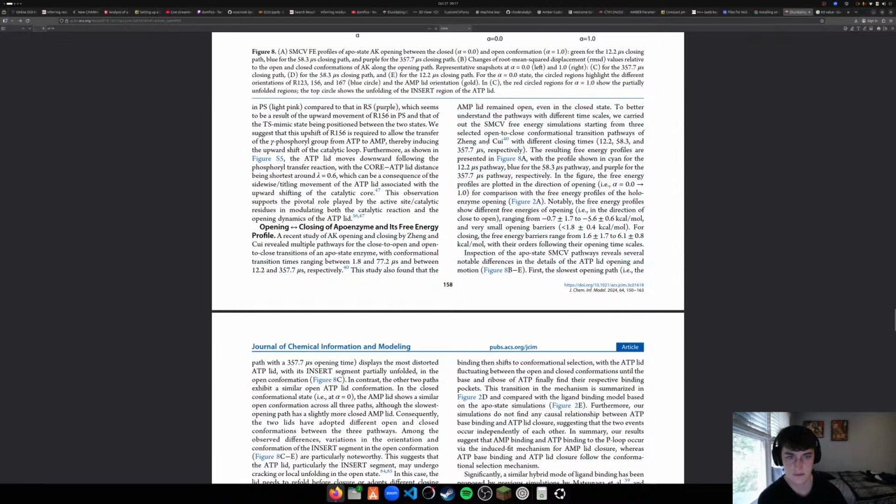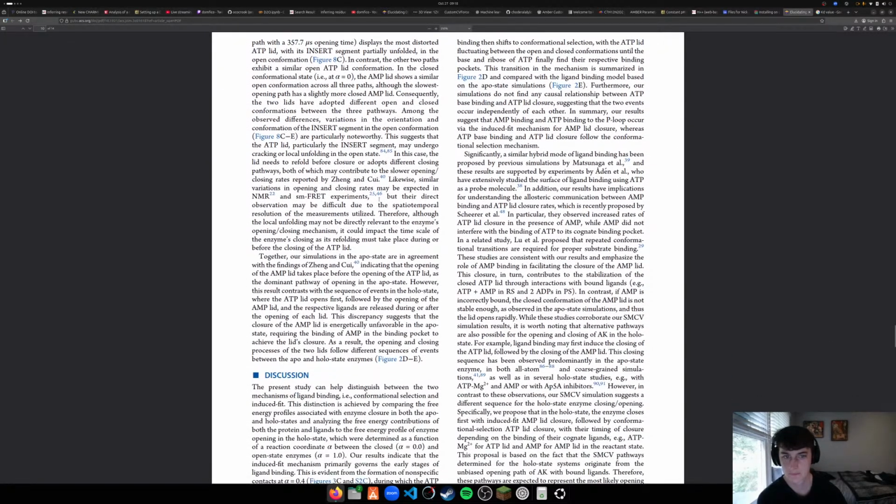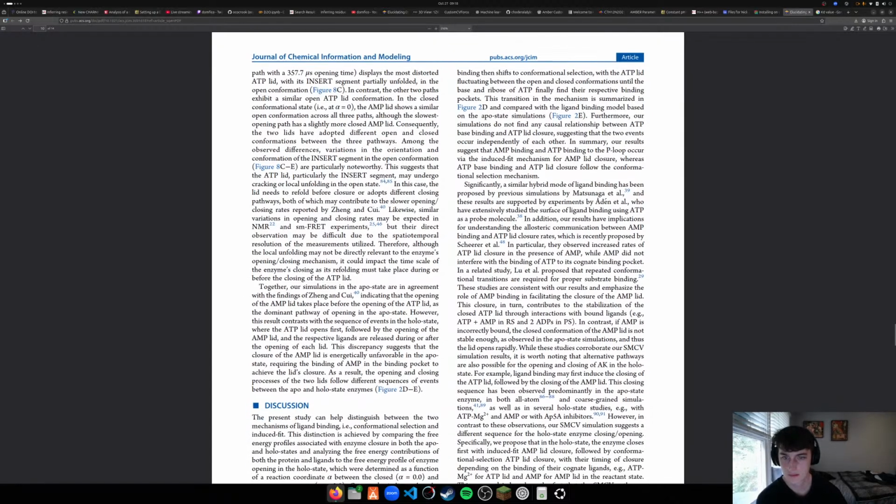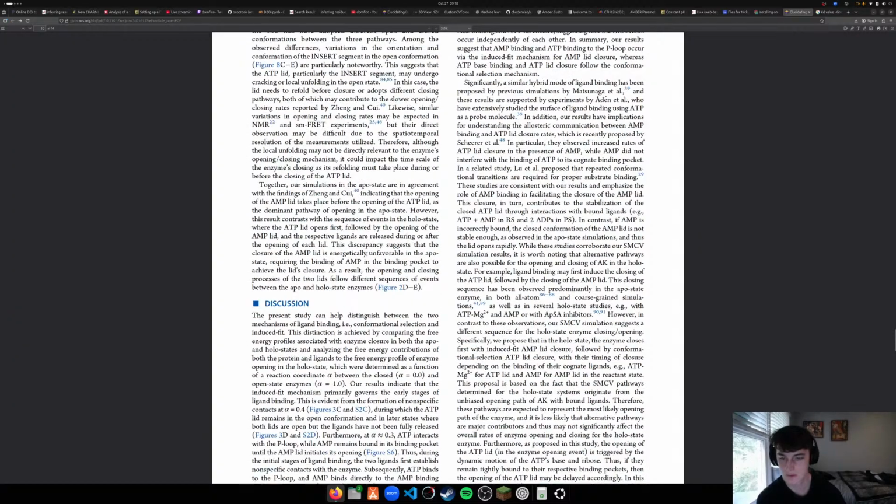The study also found that the AMP lid remained open even in the closed state. Notably, inspection of the... Okay, fair enough.